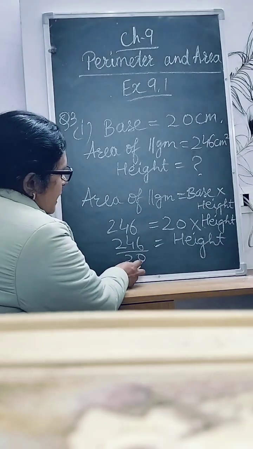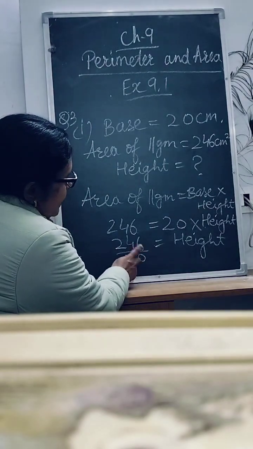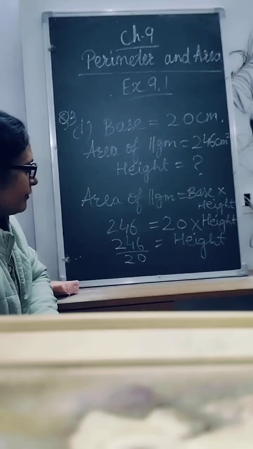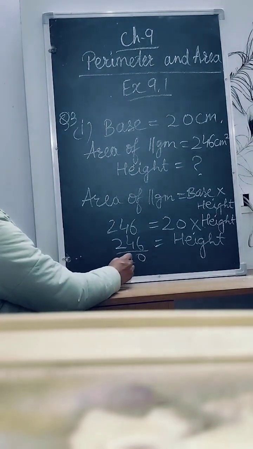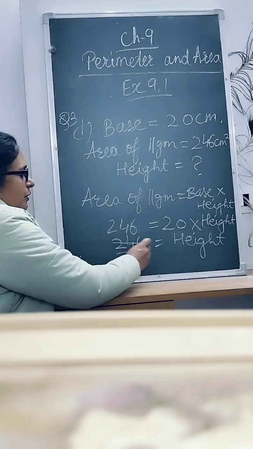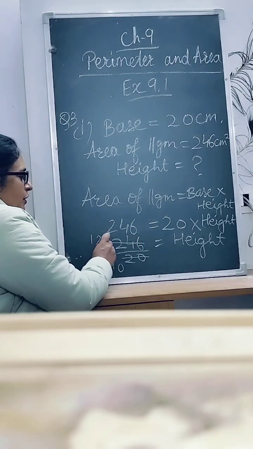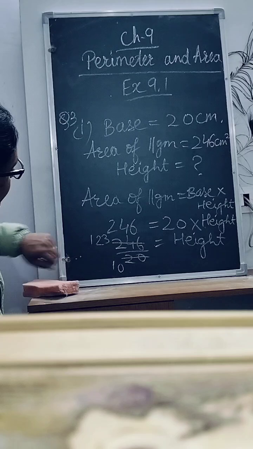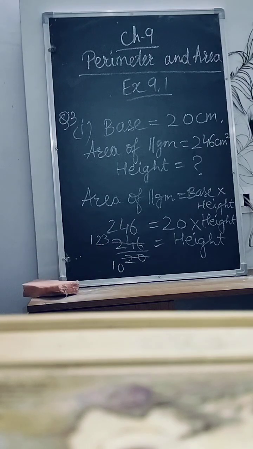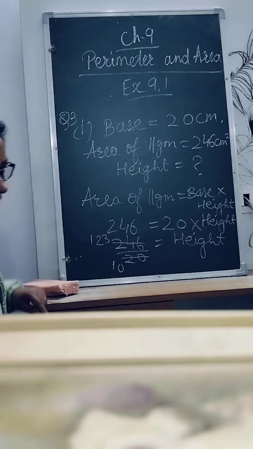Now as you see, the last digits are even. They come in the table of 2. So it means they are divisible by 2. So let us divide. 2 ones are 2, 2 zeros are 2... 1 2 4, 2 3 6. Now as you see, we have 123 and below we are having the digit 0, only 1 0.